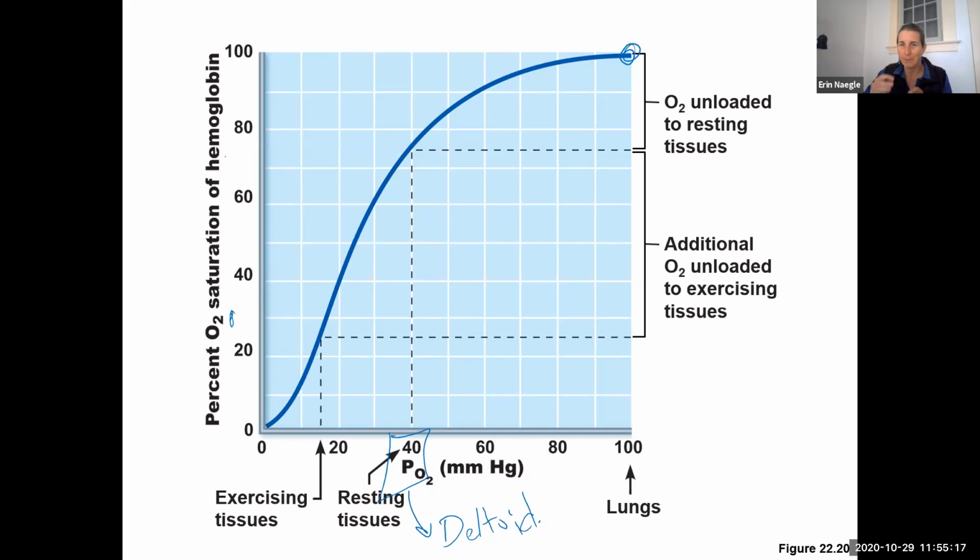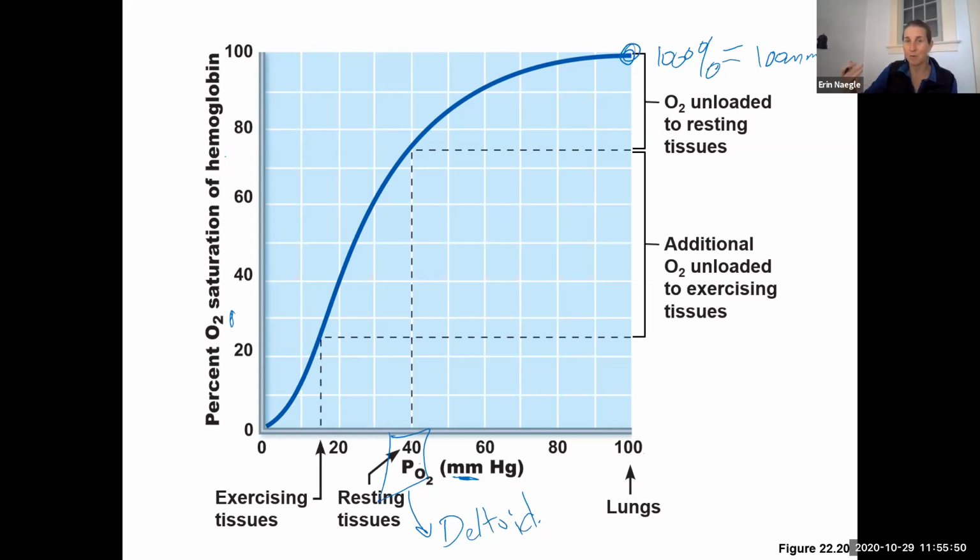When it gets to that capillary bed, this 100% here is going to interact with this 40 partial pressure in your tissues. And 100% is 100 millimeters of mercury, kind of handy, right? So, diffusion from high to low.